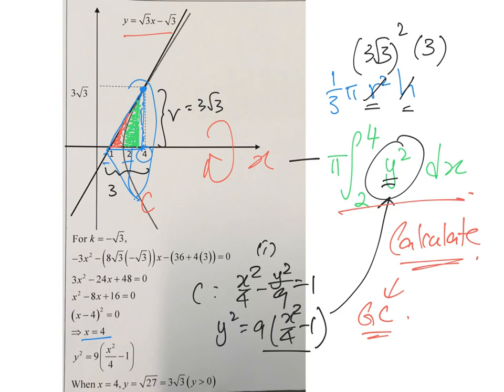Okay, and in this question, it doesn't say that you have to find the exact volume, so we can still use the GC. Right? So using the GC, just perform a simple calculation. You should be able to obtain the correct value. So in this case, if you do a correct calculation, you will get a value of 9.42, and this is to 3SF, and that will be the volume obtained.